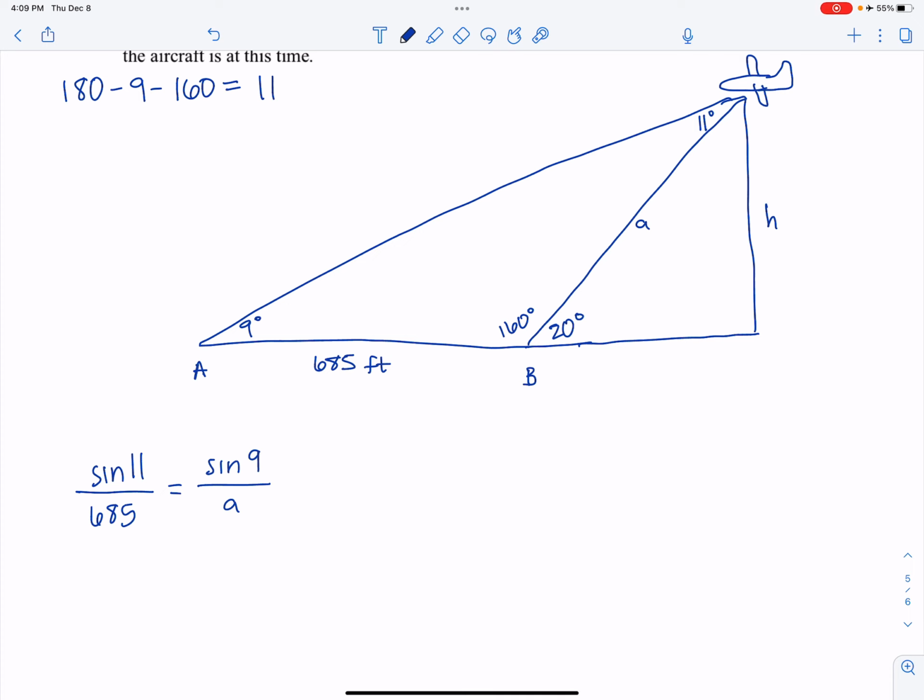So what we're doing is we're doing this step to fill in this second triangle a little bit, so that way we can find that missing value.